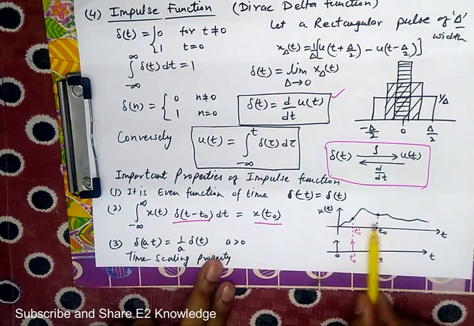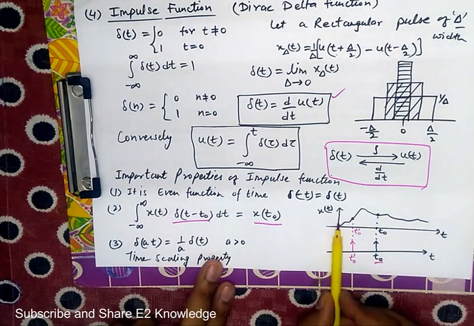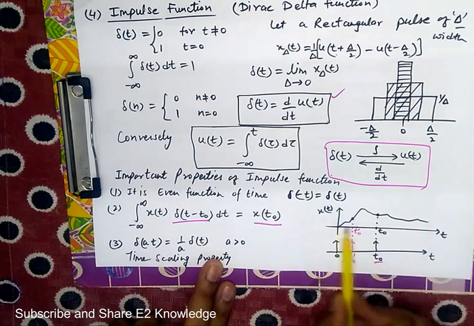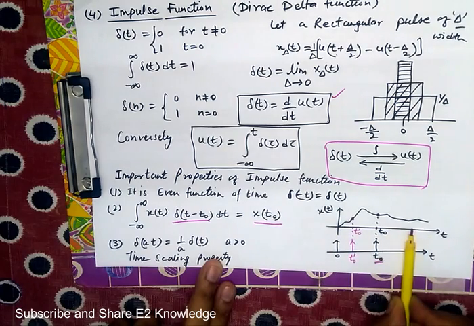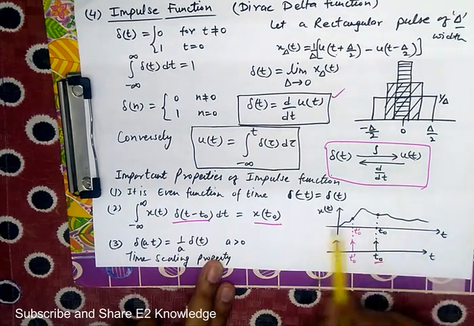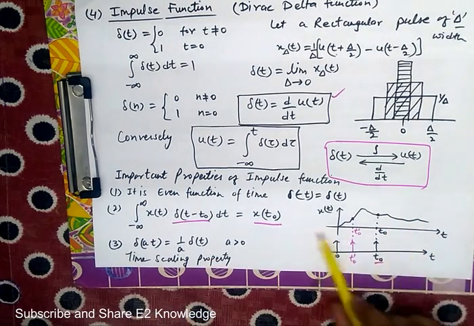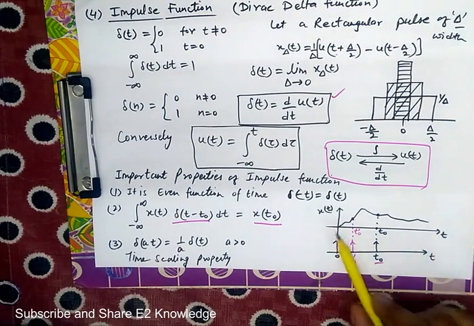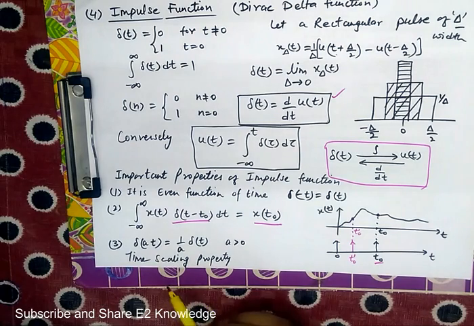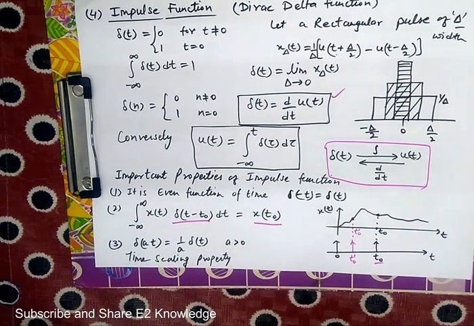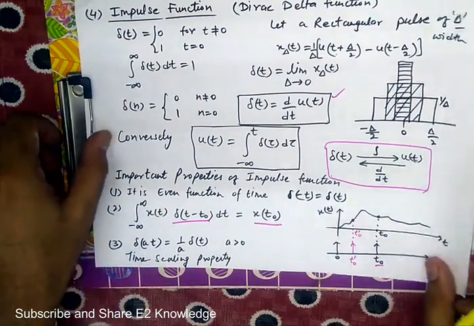So at any position, if you want to draw any value of x(t), we shift the delta function to that particular location. We shift here, we have this value. We shift here, we have this value, and so on. So it is the shifting property of the delta function, which can extract different values of x(t). Third property is the time scaling property. Delta(at) is equal to 1 upon a delta(t) for a positive.